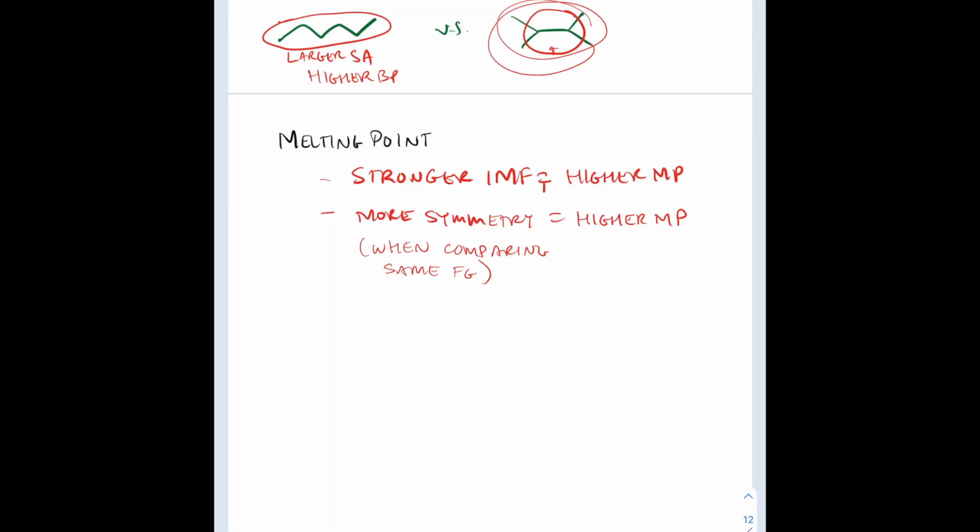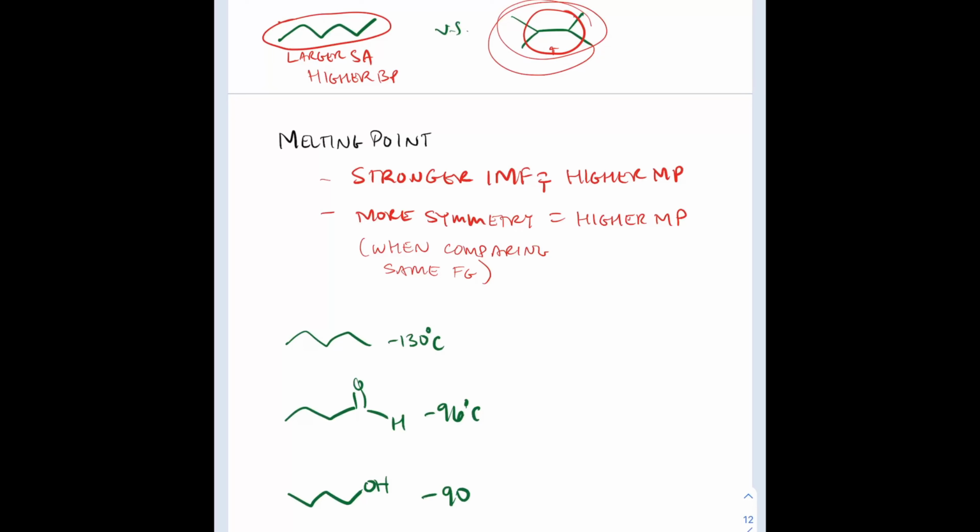Okay, so let's take a look at some examples. This one is minus 130 degrees Celsius, versus this one, which is minus 96 degrees Celsius, versus this one, which is minus 90.